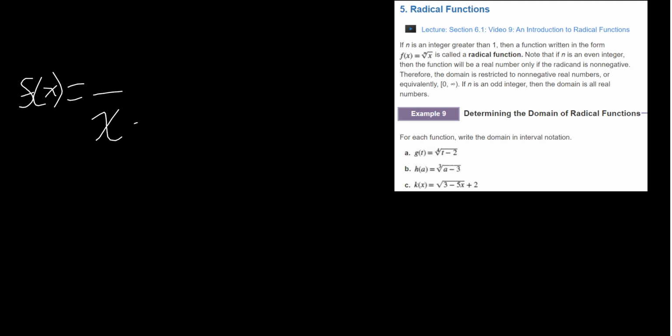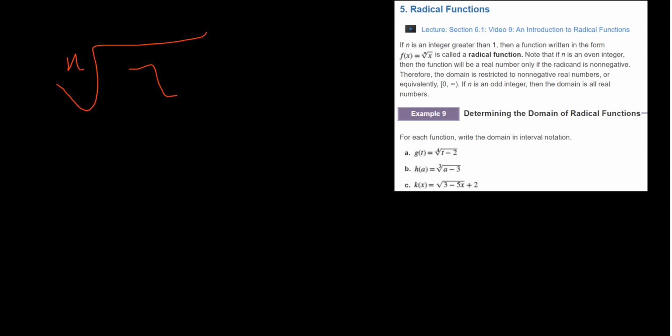So it's kind of the same mindset here. If we have a radical, the nth root, and if it's even, then the domain is from 0 to infinity. I can only take the nth root of numbers that are positive and 0.